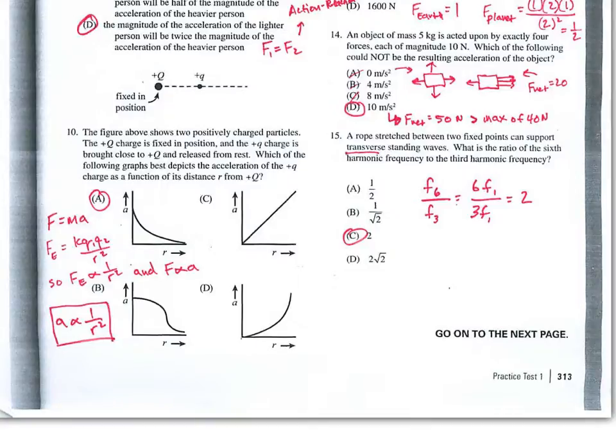So we can substitute that and see that acceleration is proportional to the inverse radius squared. Because of that radius squared, it is essentially a decaying function. As the radius gets larger and larger, the acceleration drops with the radius squared. So it's a curved graph, as we see in option A.